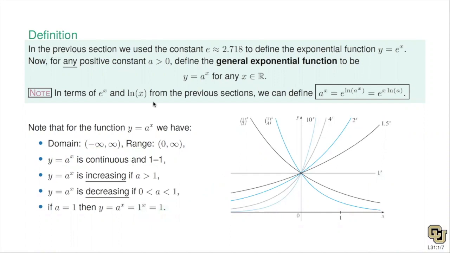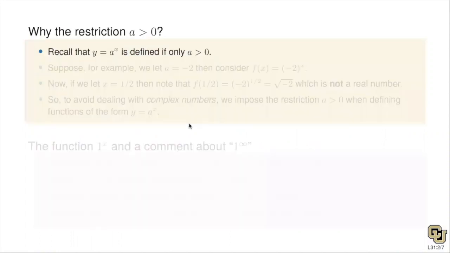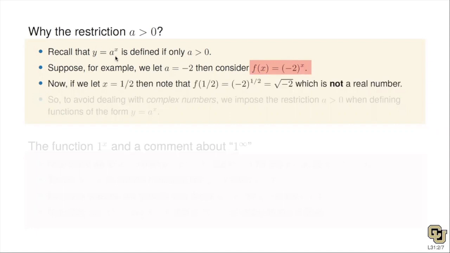So why does a have to be greater than 0? Well, let me give you an example of what could go wrong if a is not greater than 0. Suppose a is -2, and let's look at this exponential function, -2 raised to the x. So far, so good. And so now here, let's cause trouble.